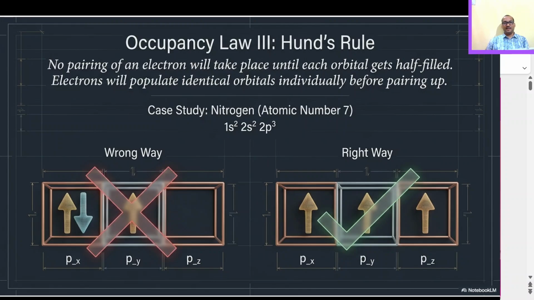Here you can see it pictorially. Nitrogen, atomic number 7. So this is the correct way. We can put all the 3 electrons in 3 different orbitals. If an extra electron is available, then that will go for pairing. So you cannot go for pairing right away. So this is the wrong way.